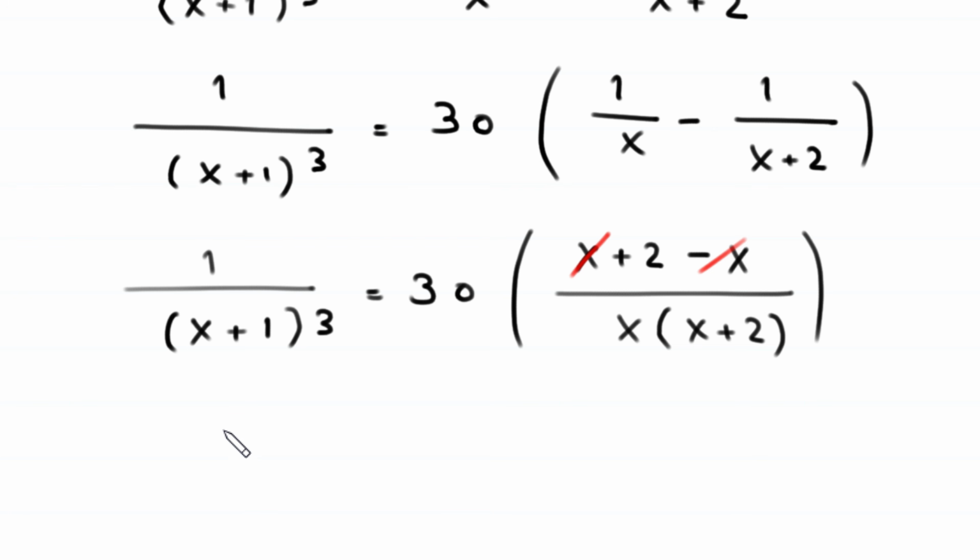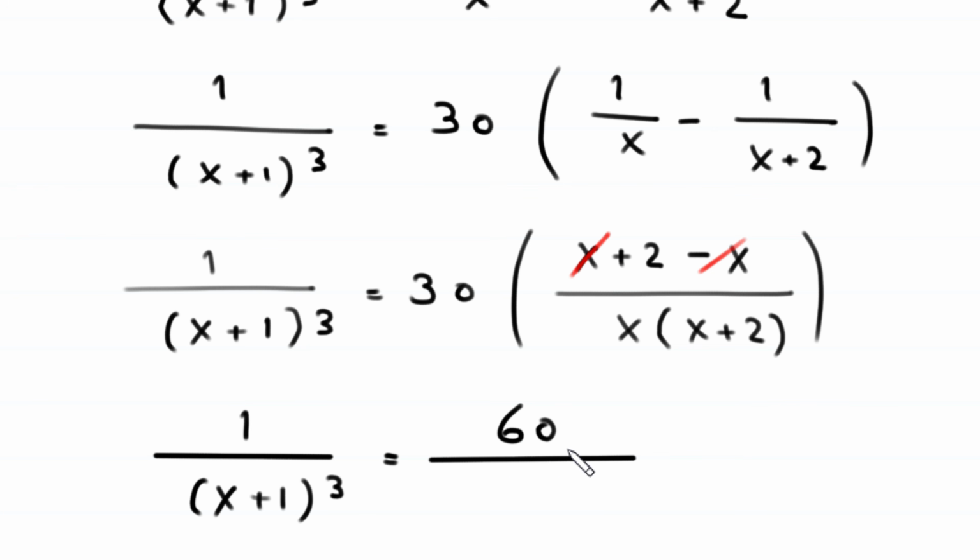The equation will become 1 divided by (x plus 1) whole cubed equal to 30 times this 2 will become 60 divided by x times x will become x squared, and x times 2 is 2x.